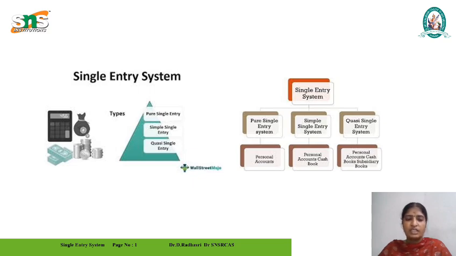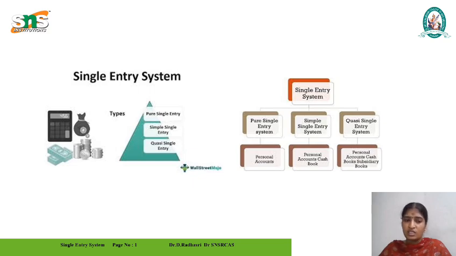The business should be calculated in a particular note: what amount is coming into the business, what expenses are taken for the business, and what losses we are facing in that business. The single entry system can be taken as the simple entry system.